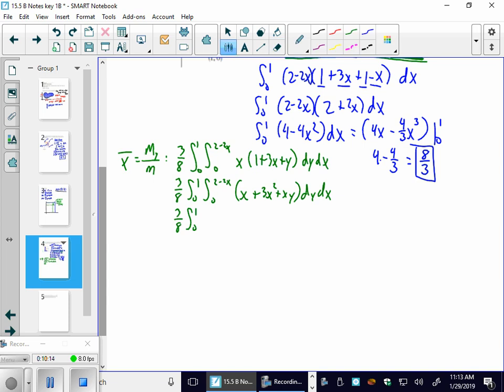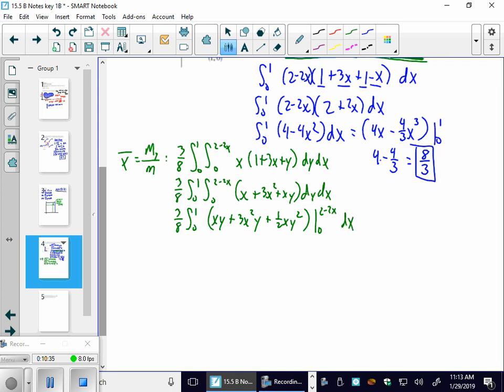So we're going to get xy plus 3x squared y plus 1/2 xy squared, evaluated from 0 to 2 minus 2x, dx.